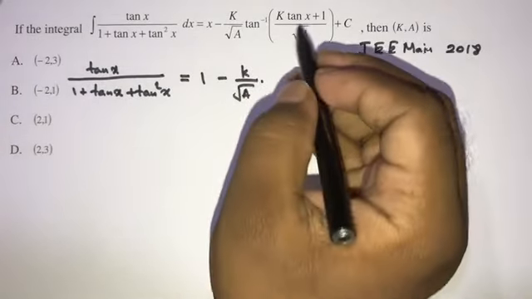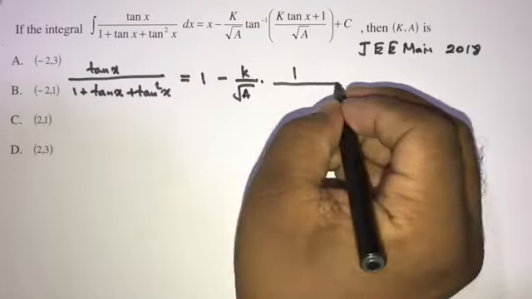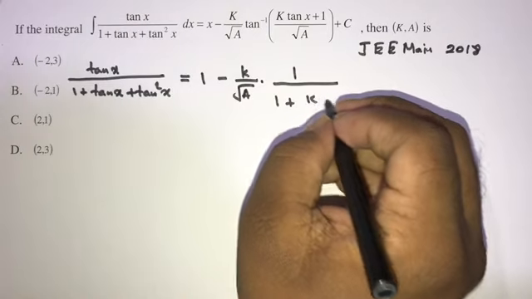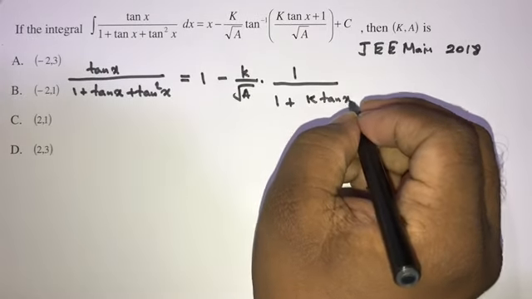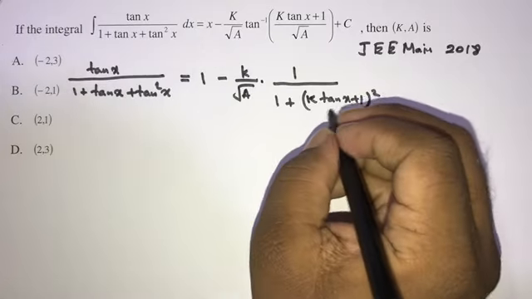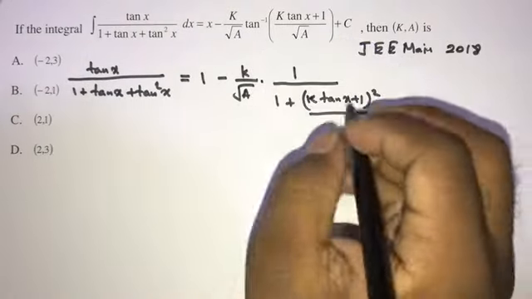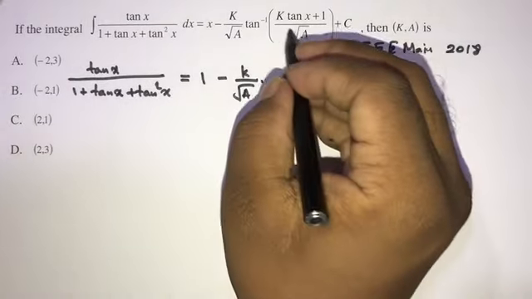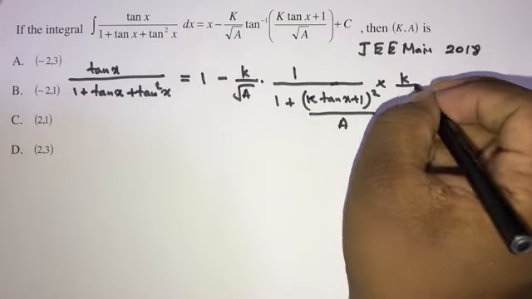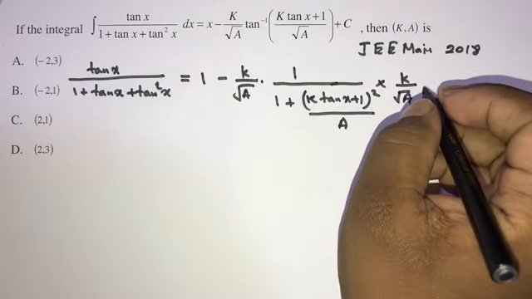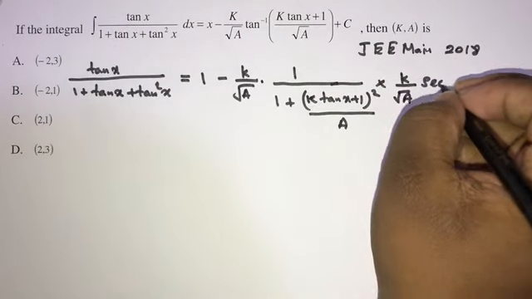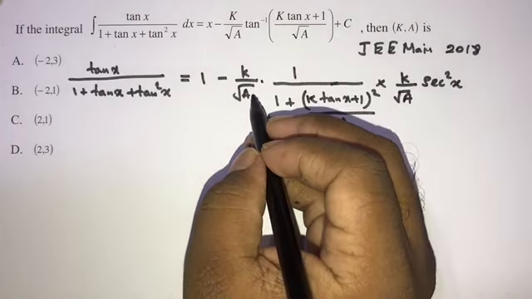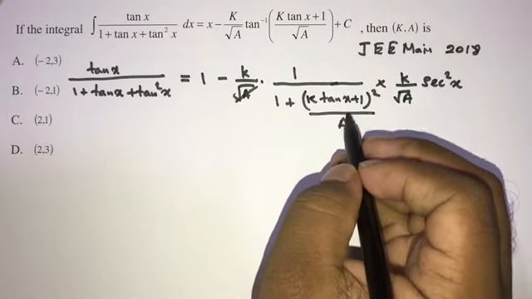Now the derivative of the tan inverse function, so we know 1 over 1 plus x square, so 1 plus k times tan of x plus 1, square, over square root of a square, so here a times, according to the chain rule, the derivative of this function, so k over the square root of a secant square of x.